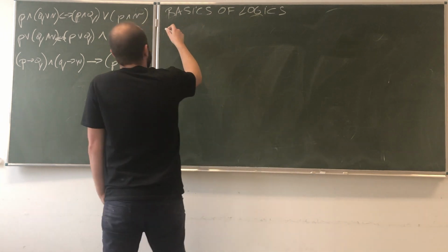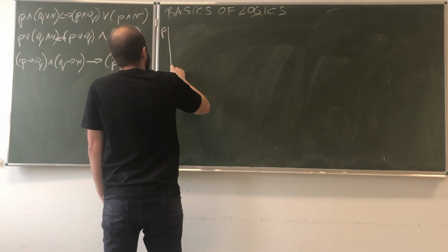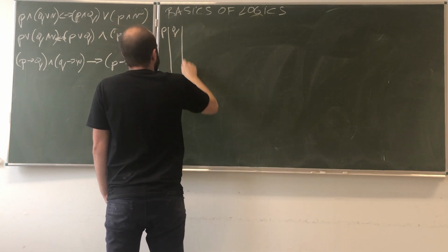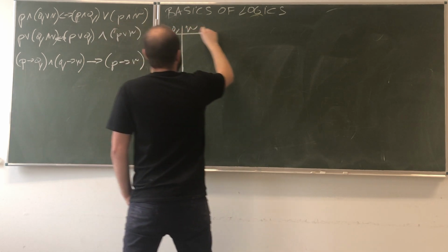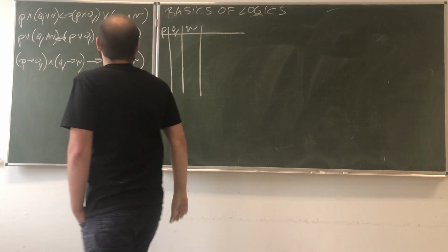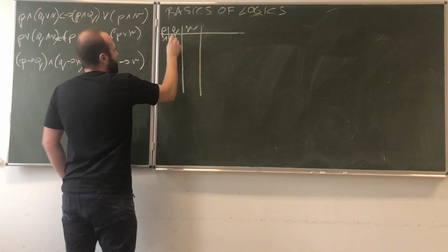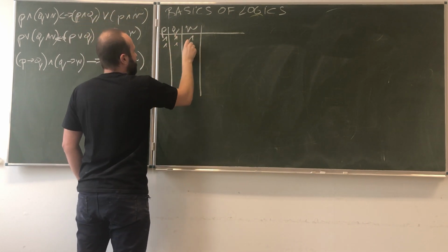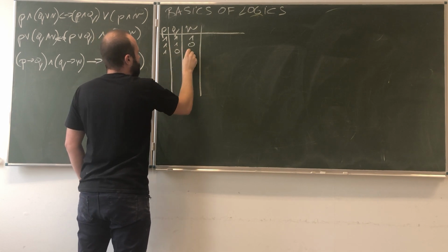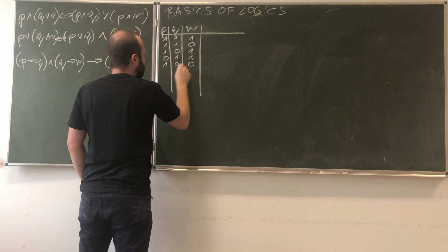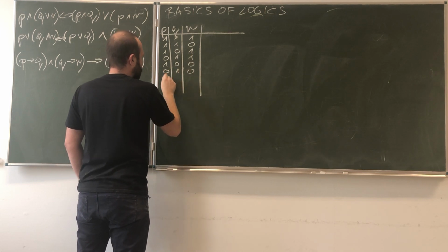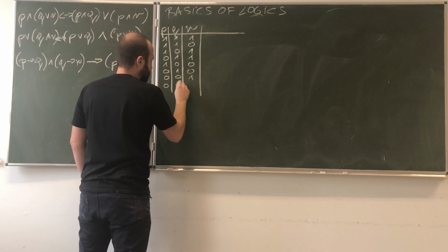Okay, now the situation is a little bit more complicated because we have three statements: P, Q, and R. So we should have 8 possible cases of them. And so we can have either 1, 1, 1, 1, 1, 0, 1, 0, 1, 1, 0, 0, 0, 1, 1, 0, 1, 0, 0, 0, 1, 0, 0, 0.